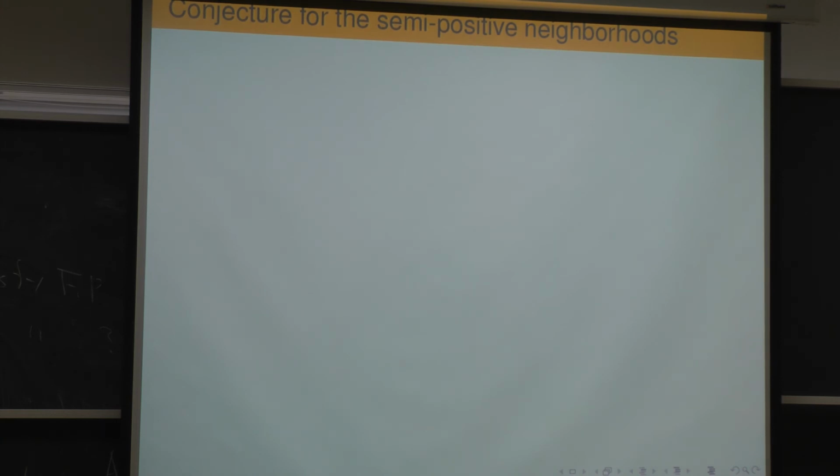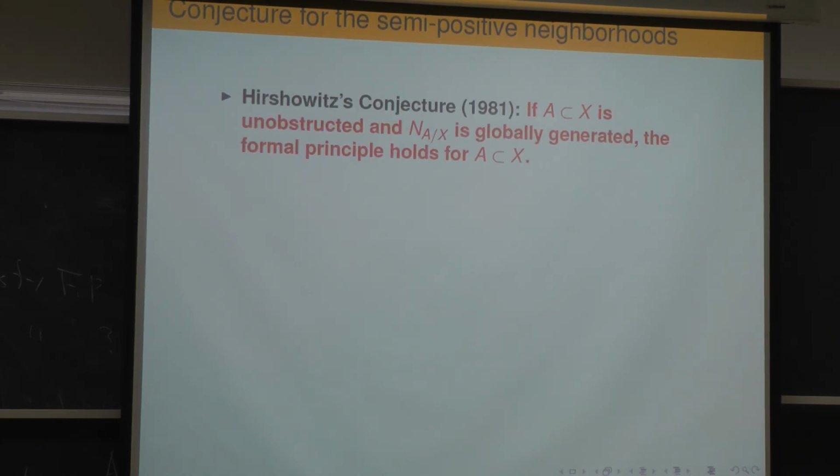This motivated Hirschowitz to make the following conjecture. If the submanifold is unobstructed and the normal bundle is globally generated, then the formal principle holds. Unobstructed here means that any section of the normal bundle can be realized as the initial velocity of a deformation.